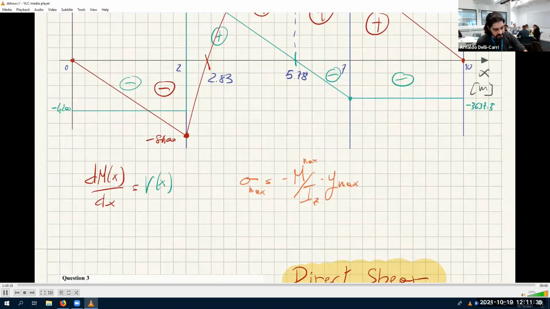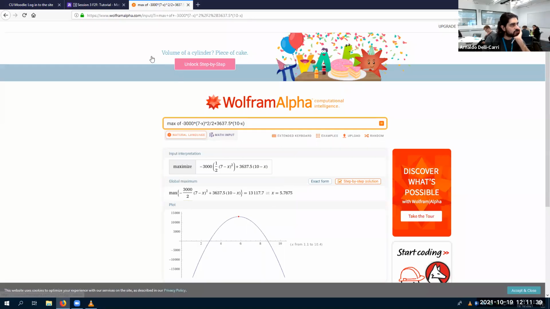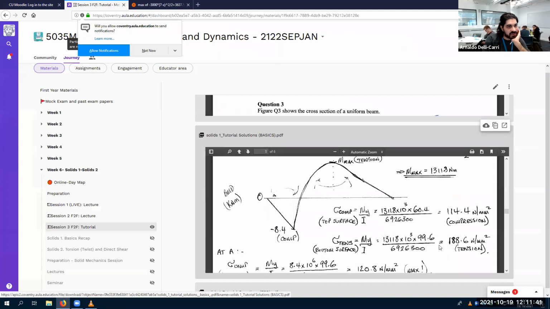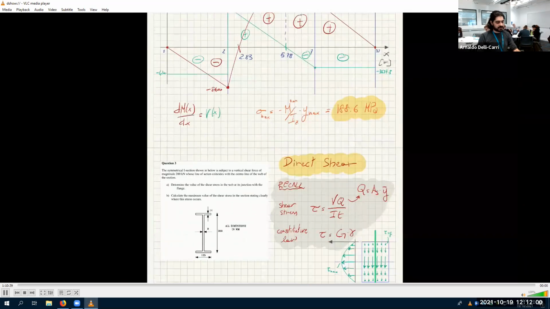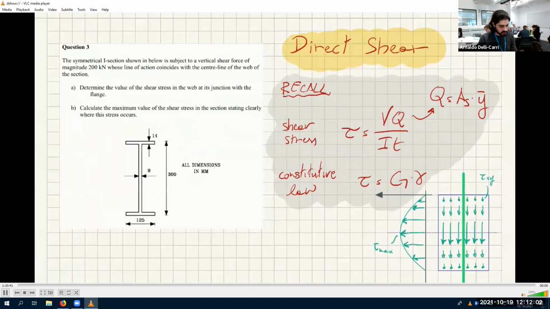These are all numbers, and this gives a number that is, according to the solution, 188.6 megapascals, Newton per millimeter squared. 188.6 megapascals. And this is the final answer. All right, now yes, what's the question?